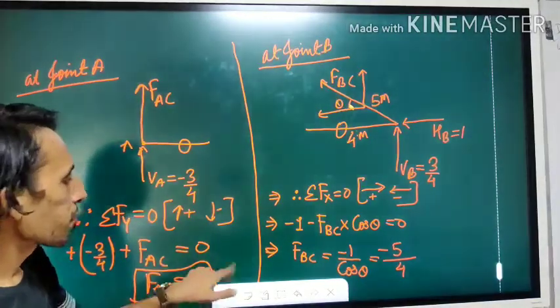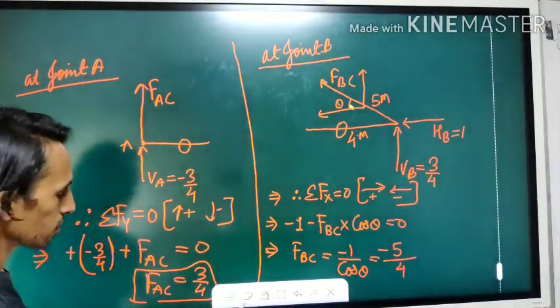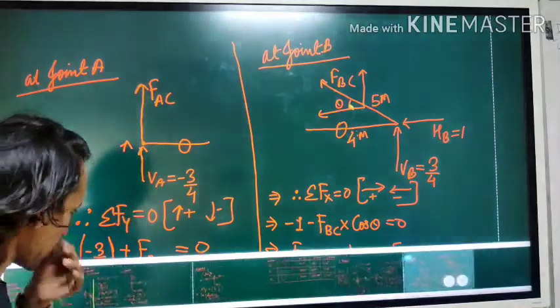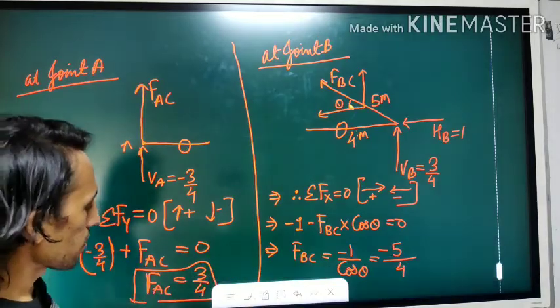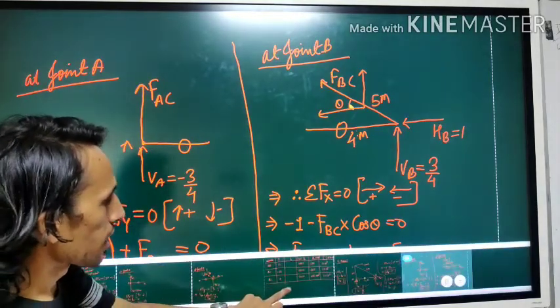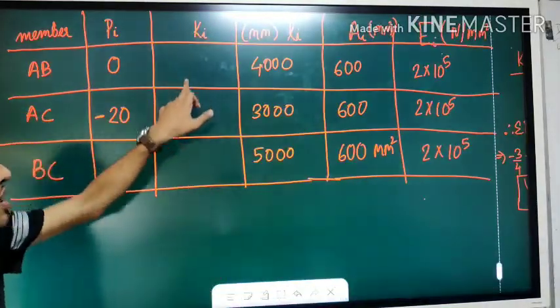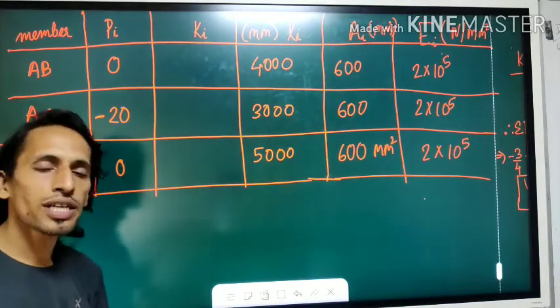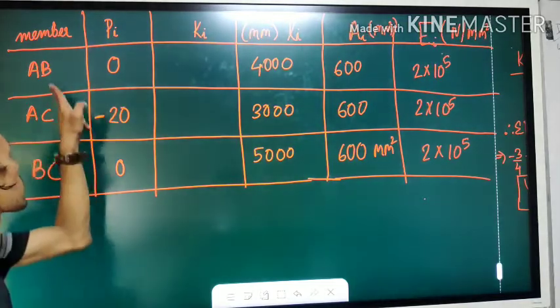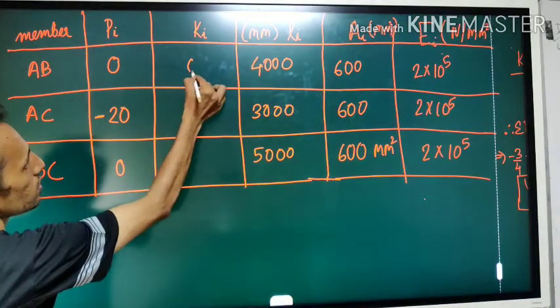So we can put these values. Let's go back here, and we need to substitute the values of member forces when the unit load was applied. So what was the value of AB? It was 0.